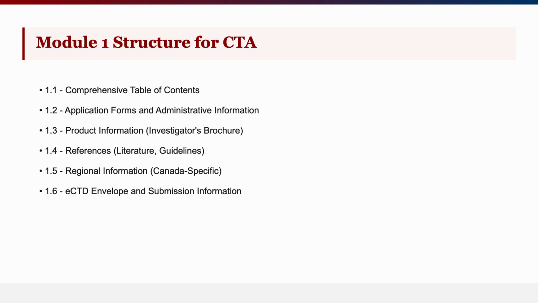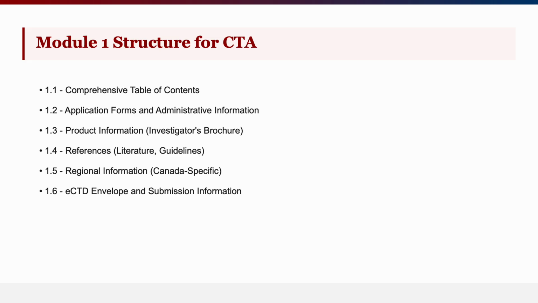Section 1.5 contains regional information specific to Canada. This is where Canada-specific requirements that don't fit elsewhere are placed. Section 1.6 contains the eCTD envelope information and submission metadata required for electronic processing of your application.